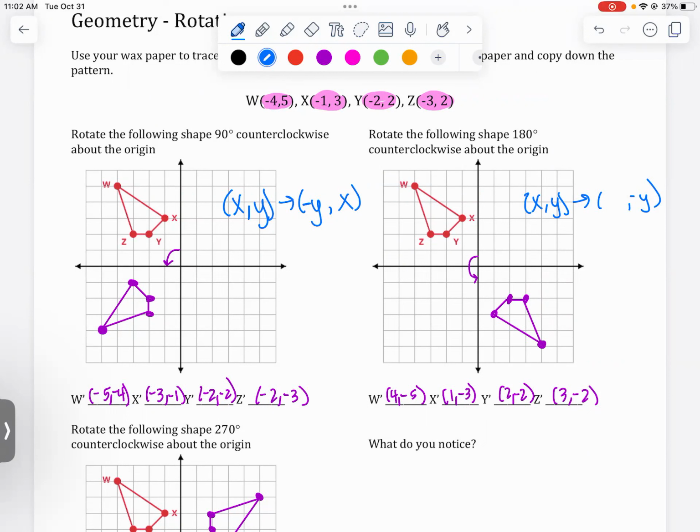That one switches to 4, 1, 2, and 3. -4, -1, -2, -3. -4, 5 goes to 4, -5. -1, 3 goes to 1, -3. So they negate. X and Y both go negative. They go opposite. Yeah. Opposite X, opposite Y.